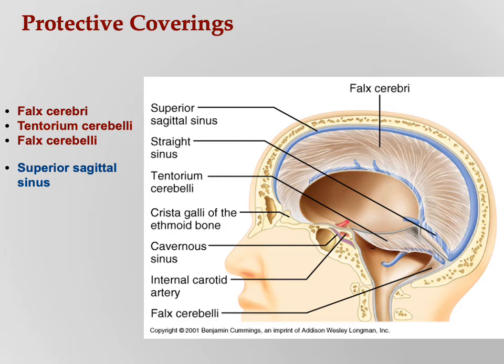And then the falx cerebelli is just like the falx cerebri. The falx cerebri, people say both ways, that's the dura mater that's separating the two hemispheres of the cerebrum. The falx cerebelli is the dura mater that separates the two hemispheres of the cerebellum.